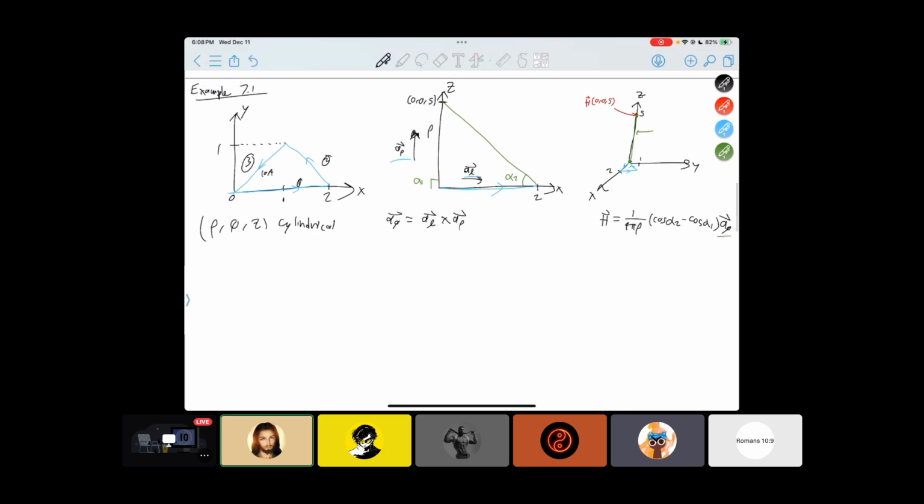So A phi is your length. Length is going in the X direction, cross AZ, which is in the rho direction. And X cross Z, I'm just going to do the right hand rule really quick, equals negative Y. So that's going to be our A rho, or A phi, I mean. I keep saying A rho.